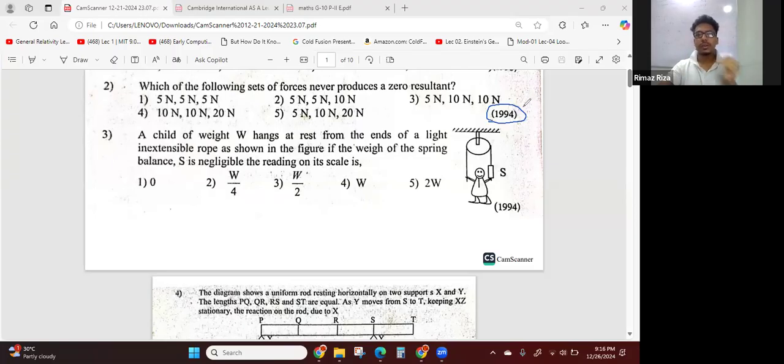There are 11 units. Out of that, the most important one is mechanics. If you ask me what is the most important chapter in mechanics, I would say it is vectors. If you understand the concept and everything in vectors very well, then everything will be much easier. All right.